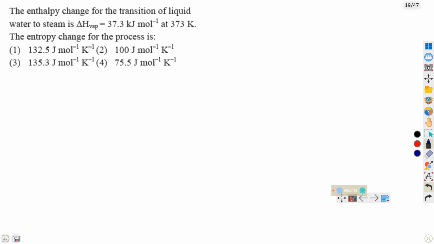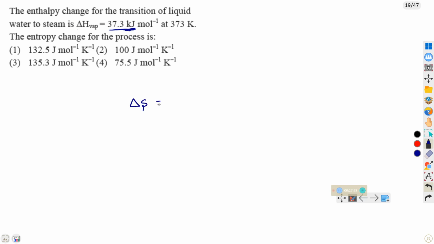The enthalpy change for the transition of liquid water to steam, delta H vaporization, is equal to 37.3 kilojoule per mole at 373 kelvins. The entropy change for this process: enthalpy is given, calculate entropy.